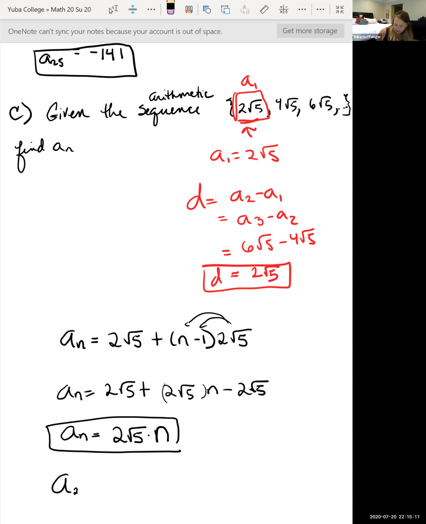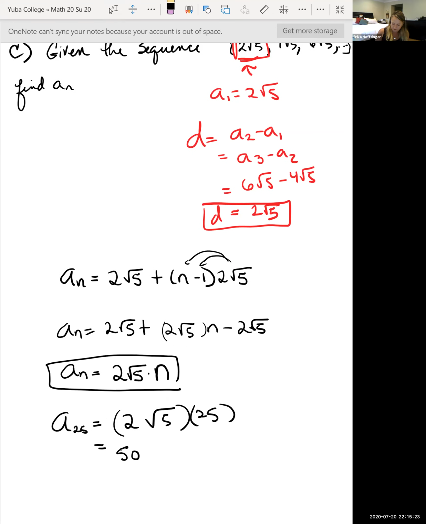So a sub 25 is 2 root 5 times 25. So this is 50 root 5. But knowing this, a sub n, we know the nth term, and we can find any term that it asked us to find.